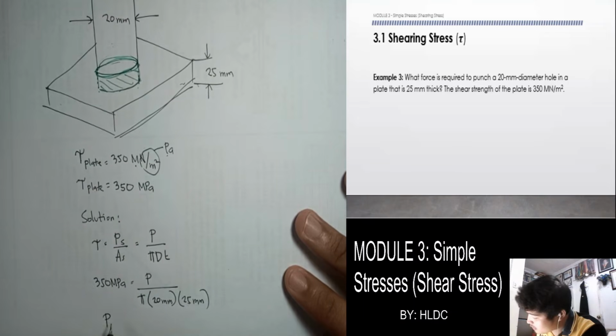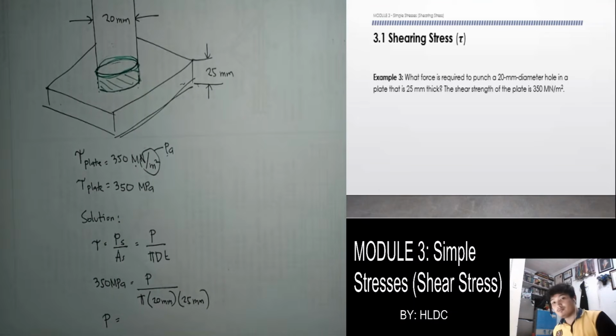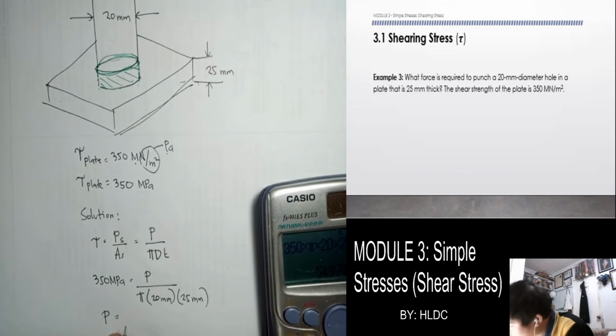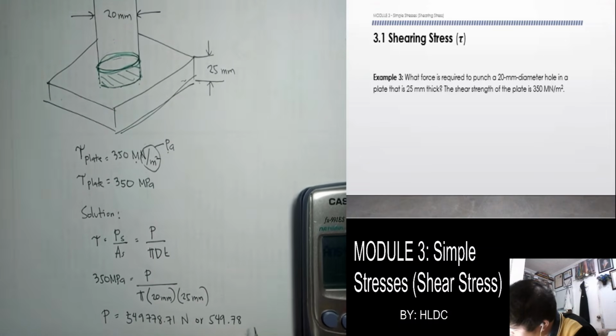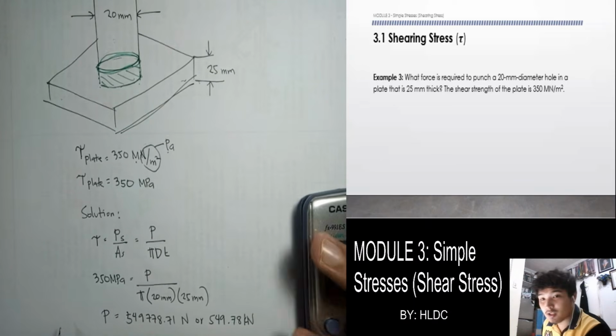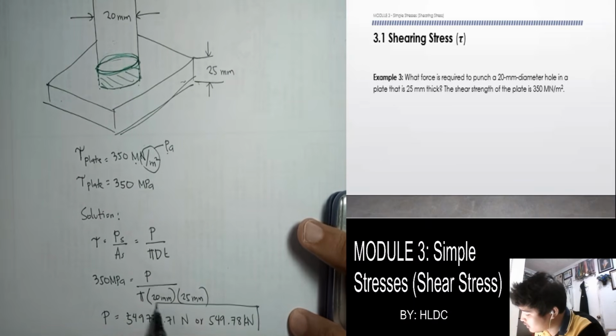So P now equals, so sagot is 549,778.71 Newton, or in kilonewton, that is 549.78 kilonewton. Sobrang laki ng value, kaya palitan natin yung unit.